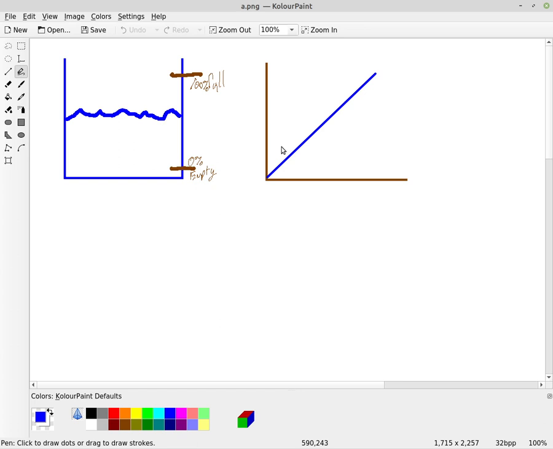What we want to do here, this sensor is going to output 4 milliamps when the tank is empty or at 0%. And then the sensor is going to output 20 milliamps when the tank is 100% full.